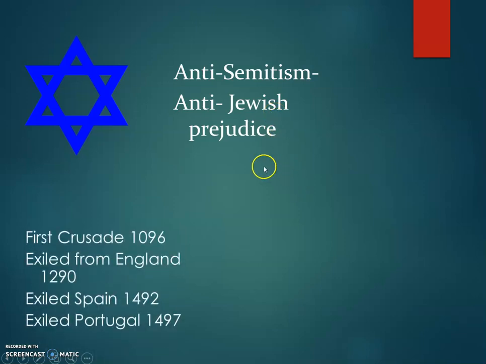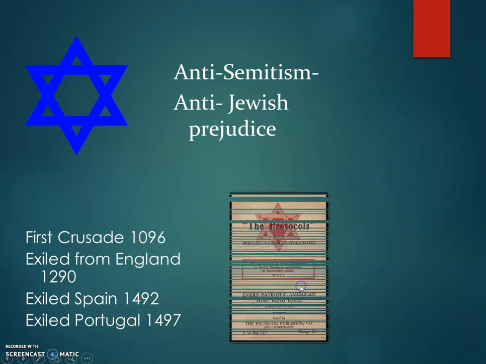Some examples of anti-Semitism. Now, you don't need to know these for the test. I'm just simply giving you examples. And the First Crusade in 1096 was very anti-Semitic. They were exiled from England in 1290, exiled from Spain 1492, exiled in Portugal in 1497. Once again, you don't need to know this for the exam. I'm just giving you examples of anti-Semitism.